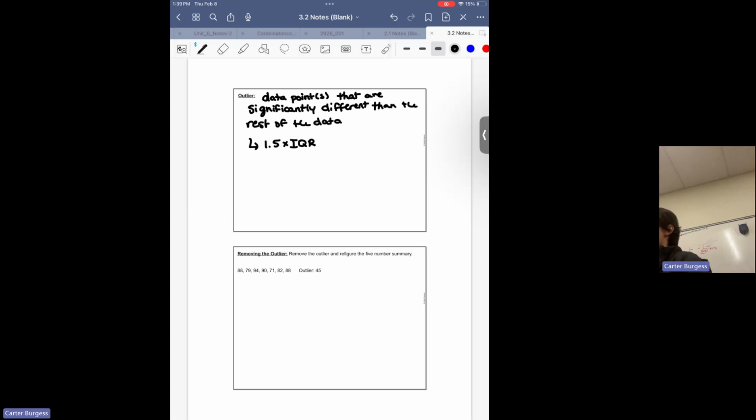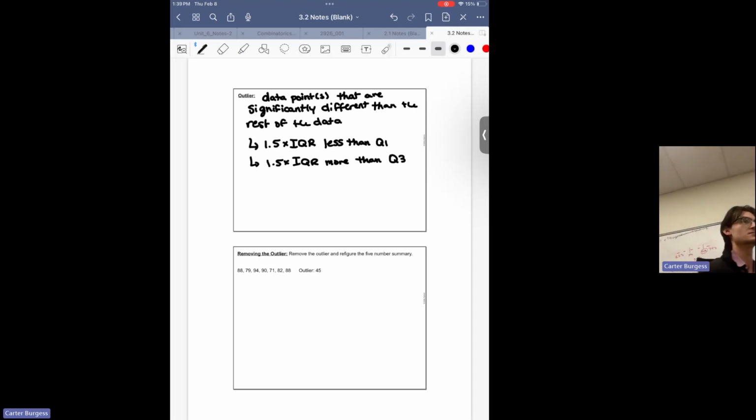Computationally, what that means is if we are 1.5 times the IQR less than Q1, or 1.5 times the IQR more than Q3, then we are classified as an outlier.